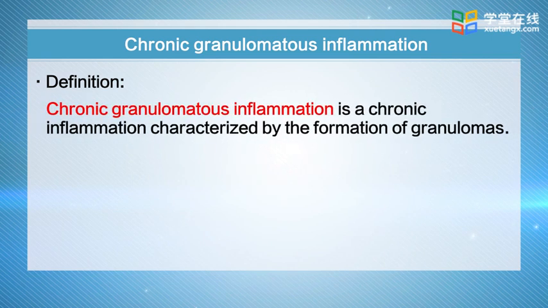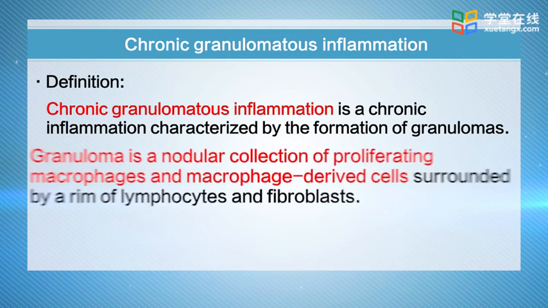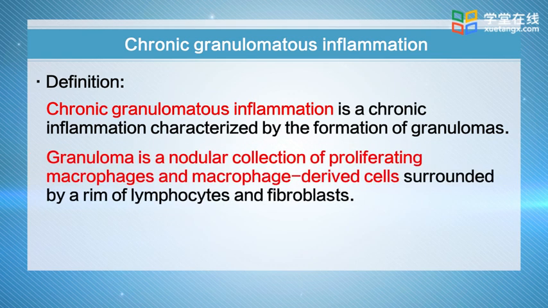Chronic granulomatous inflammation is a morphologically specific pattern of chronic inflammation characterized by the formation of granulomas. Granuloma is a nodular collection of proliferating macrophages and macrophage-derived cells surrounded by a rim of lymphocytes and fibroblasts.